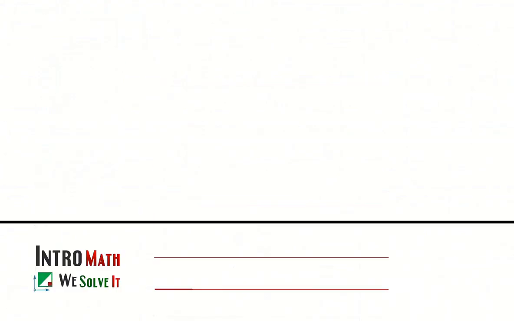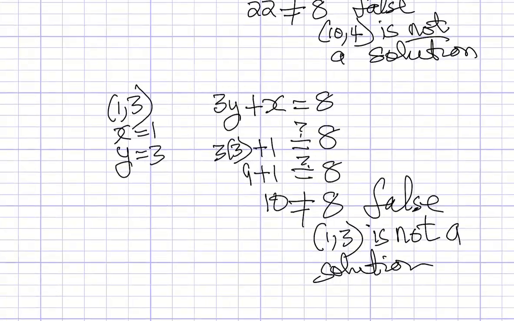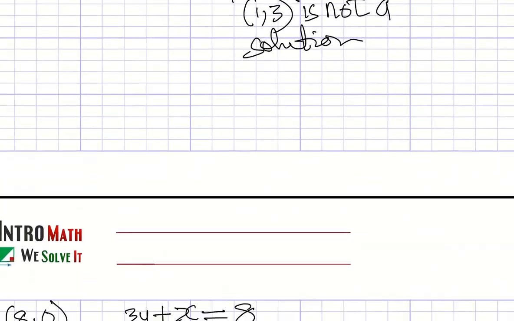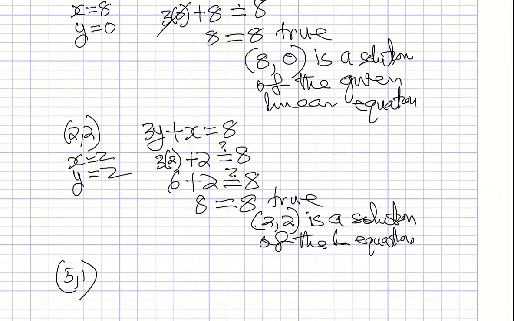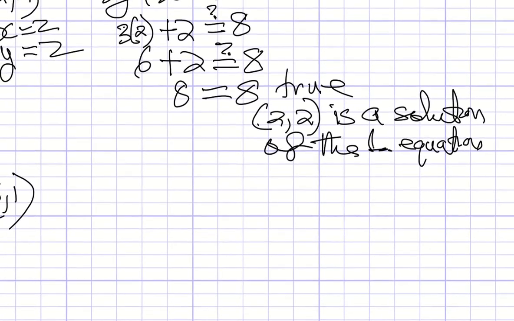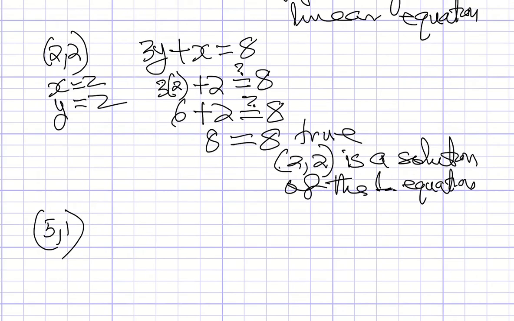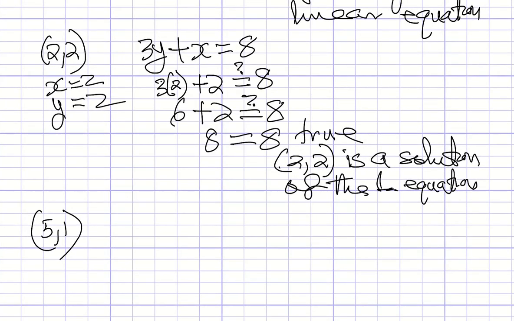Let me make sure. Yeah, (5, 1). You give him (5, 1), and then you give him that equation there, 3y plus x equals 8, right? So we'll have to check. That means x equals 5, y equals 1.